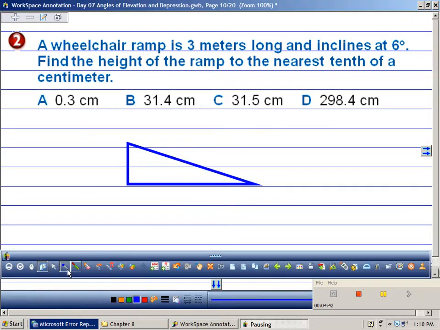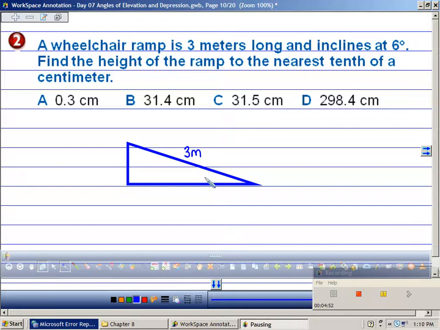That's how long? 3 meters long. And inclines at a 6-degree angle. Thank you. So this angle is 6 degrees. Find the height of the ramp. Find x.